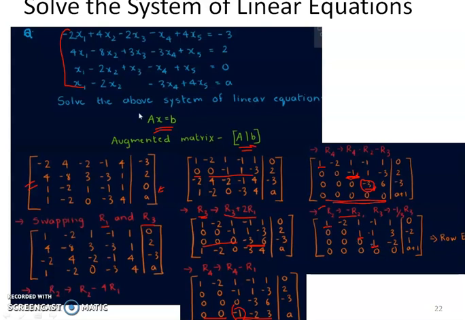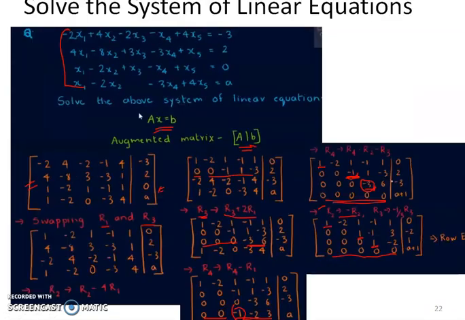This results in the matrix being in row echelon form. Pivots are placed here, and the all-zero row is placed at the bottom of the matrix. So these conditions are satisfied, and the resulting matrix is in row echelon form.